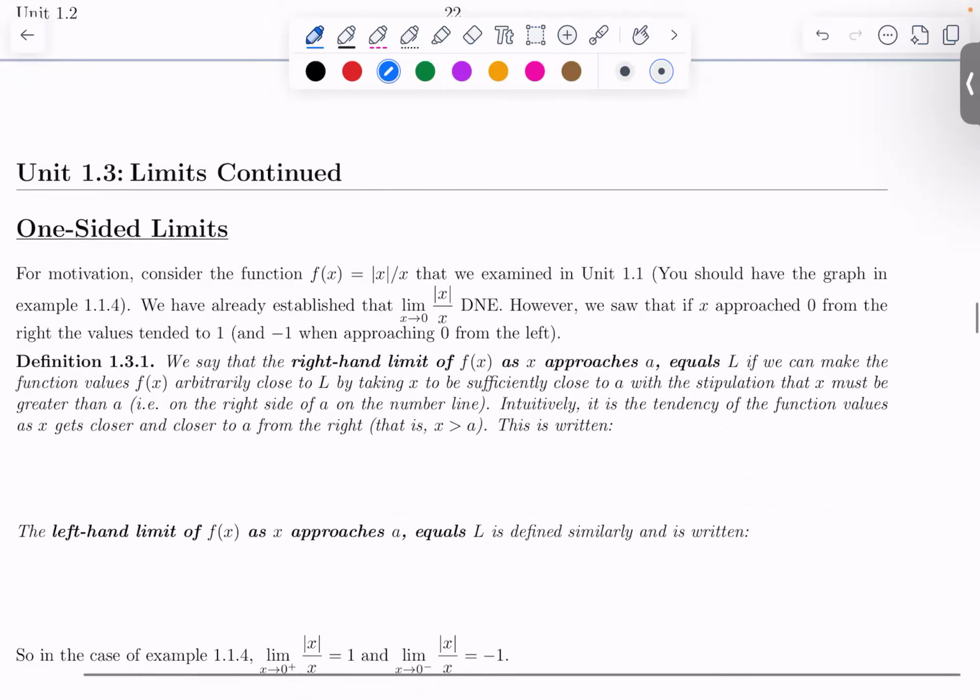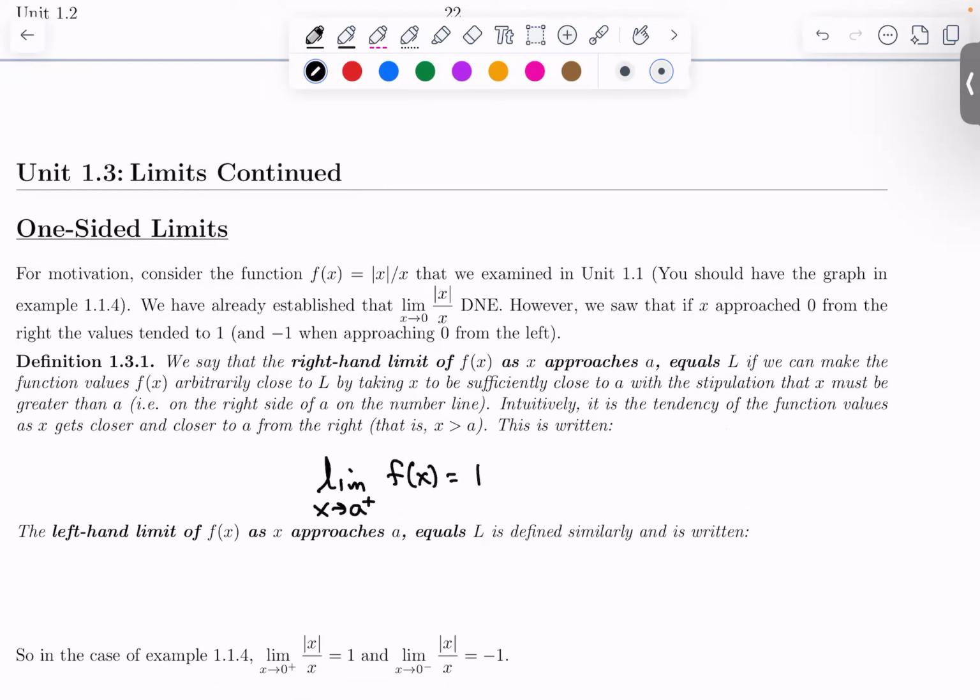The way we write it is the limit as x approaches a, with a plus symbol as an exponent, of f of x equals L. That means on the right.